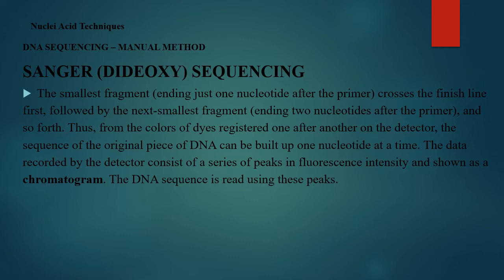Then the next fragment will be ADOMAK. Then the next one will be ADOMAKO. So when they are falling out, ADOMA, which is just a nucleotide more than the primer, would come out. Then afterwards, ADOMAK would come out. Then finally, ADOMAKO would pop out. So they will be in that order in terms of length of fragments.